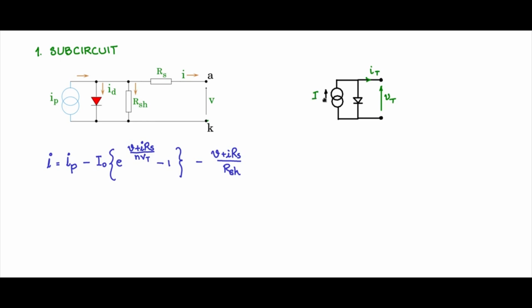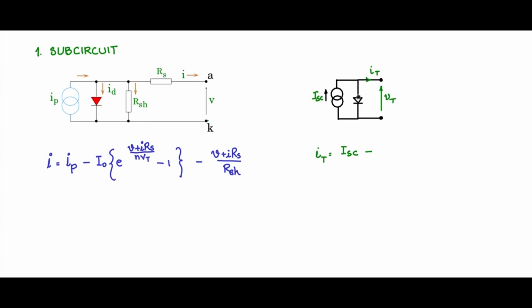The current source value, we'll set it as a constant, and we'll set it proportional to insolation, which is ISC value. Now let us write down the model. IT, which is what we want, equal to ISC minus the diode current value.